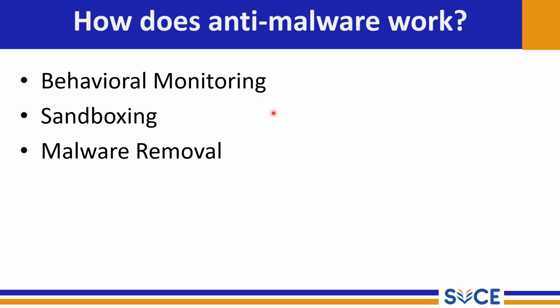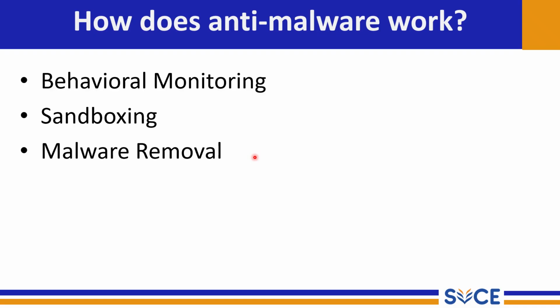And sandboxing is an anti-malware feature that's instrumental in isolating and examining potentially malicious files before they cause damage. We will dive deeper into sandboxing in the upcoming videos. And the next one is malware removal.